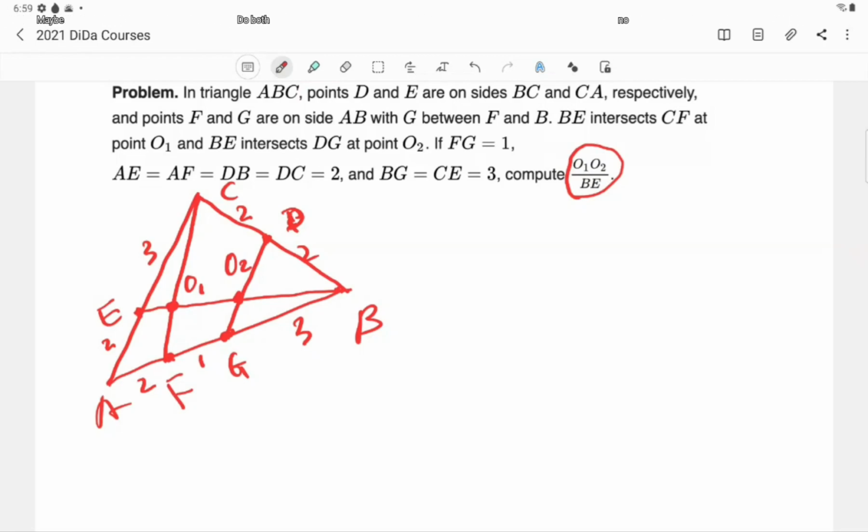You need to use both, because the ratio we're trying to calculate, O1O2, is not something that's directly in a balancing equation. Well, I mean, you could, but not, particularly not in the original triangle system, okay?